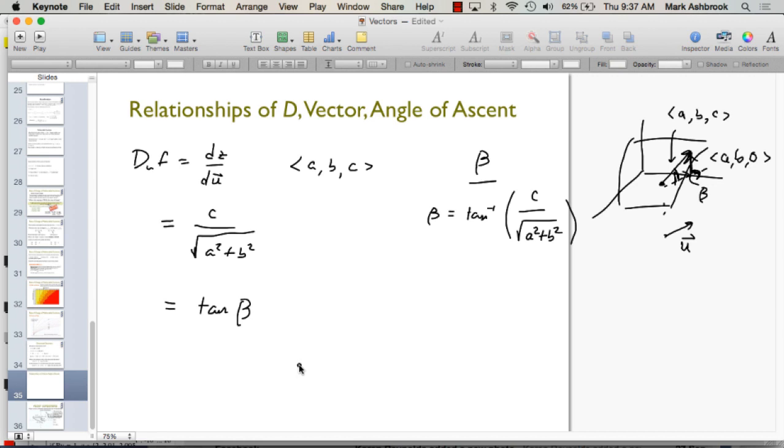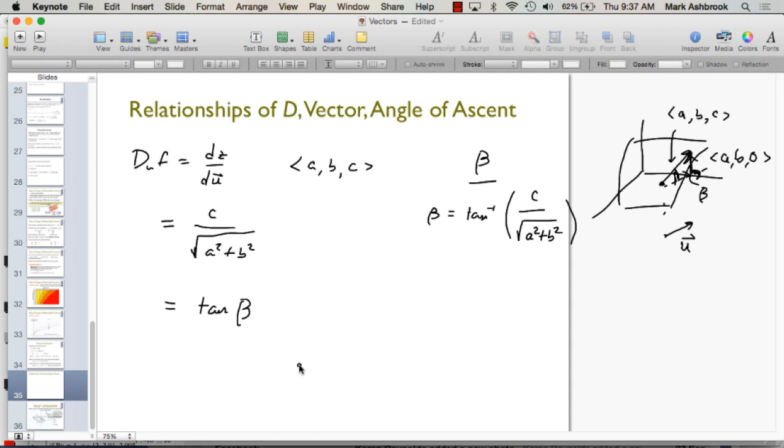So maybe these are formulas you're not going to use very often, but I'm just trying to give you some structure in your mind when you come upon it. When you have this vector that's pointing in the direction, how does that relate to the rate of change? They're so similar, but this is a vector and this is a number, right? Same with beta, right?